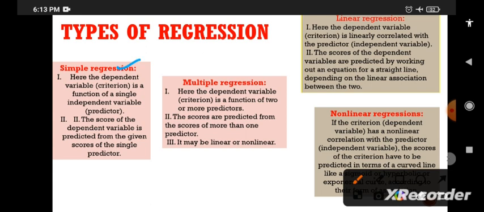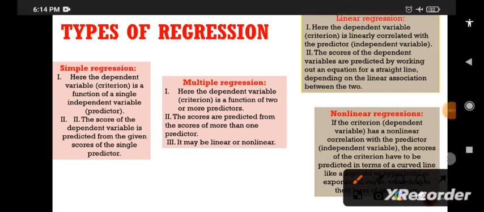In simple regression, the dependent variable is a function of a single independent variable. Whereas the second is multiple regression, in which the dependent variable is a function of two or more independent variables.